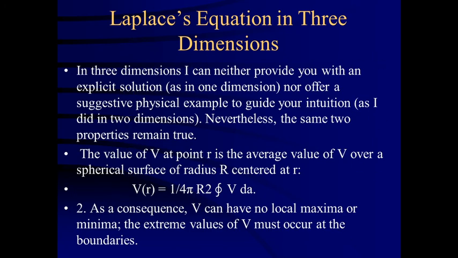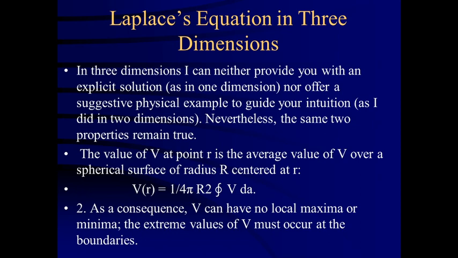Now the Laplace equation in three dimensions. In three dimensions, I can neither provide you with explicit solutions as in one dimension, nor offer a suggestive physical example to guide your intuition as I did in two dimensions. Nevertheless, the same two properties remain true. The value of V at a point r in space is the average value of V over a spherical surface of radius R centered at r.